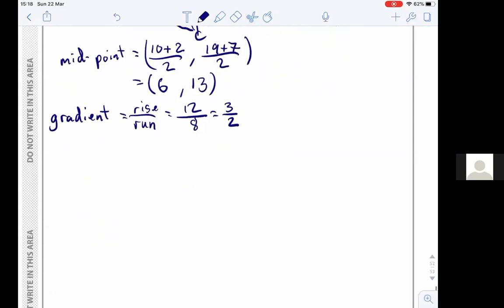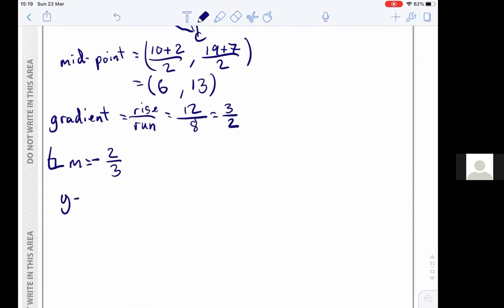Now my perpendicular gradient is when we find the reciprocal or flip the fraction, so 2 over 3, and times it by -1. Okay, so the gradient and its perpendicular gradient will always multiply to -1. And then we can use the formula y minus y1 equals m(x minus x1).